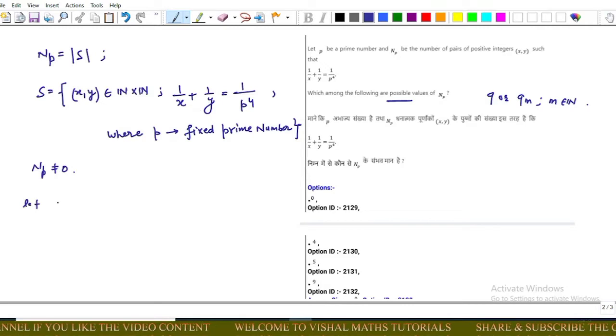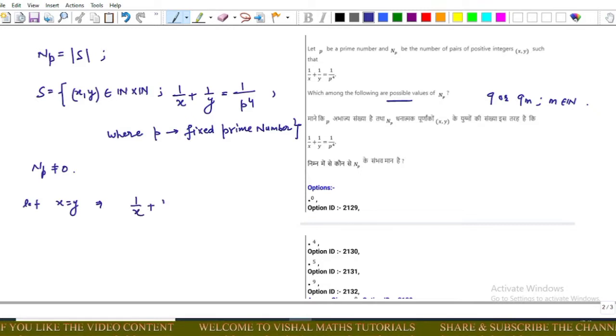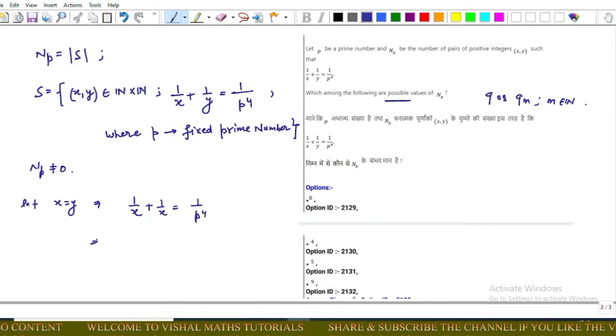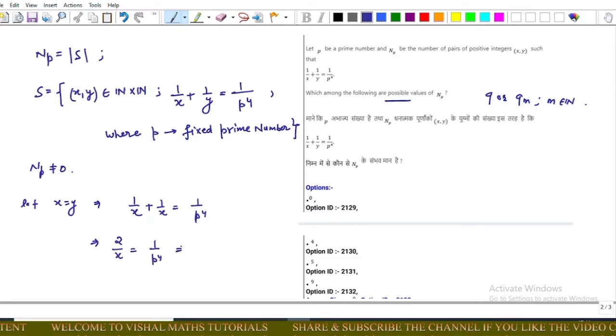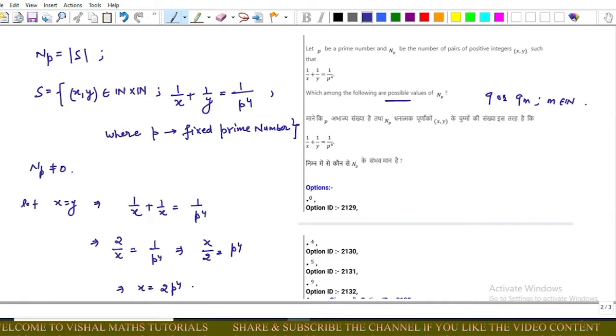Let x equal y. This implies that 1 upon x plus 1 upon x equals 1 upon p power 4, so 2 upon x equals 1 upon p power 4. This implies that x upon 2 equals p power 4, and further x equals 2p power 4.